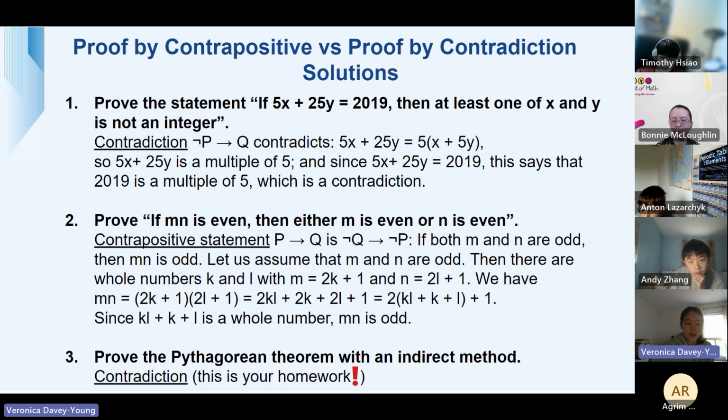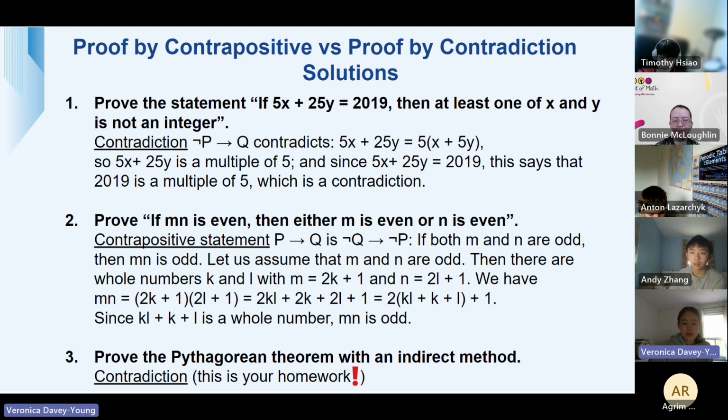Since 2kl plus k plus l is a whole number, multiplying it by 2 gives an even number, and when we add 1, we get an odd number. That means mn is odd, which means we proved our contrapositive statement.